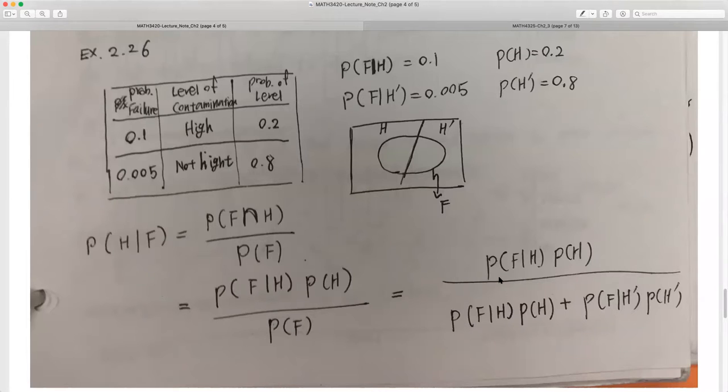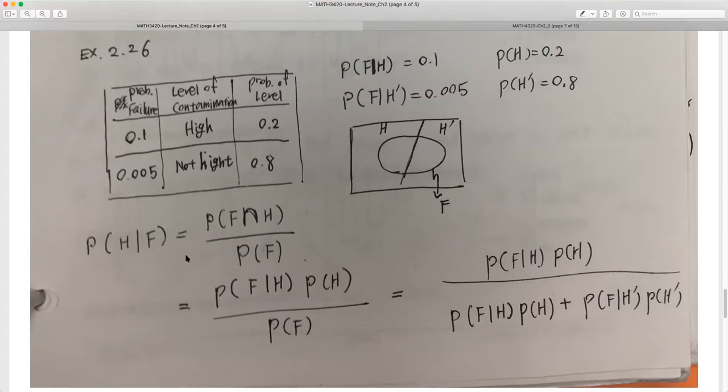Now we know the conditional probability of F given H is 0.1, and F given H prime is 0.005. P of H is 0.2, and P of H prime is 0.8.